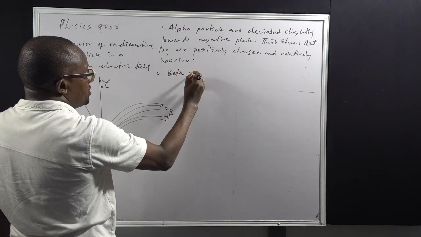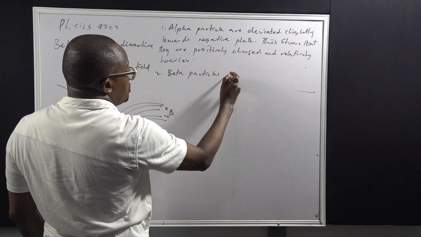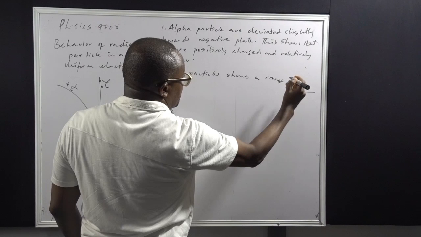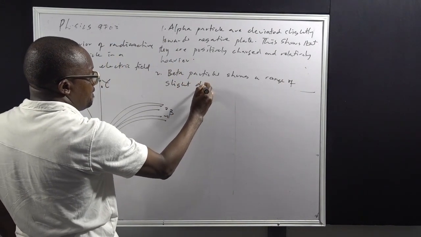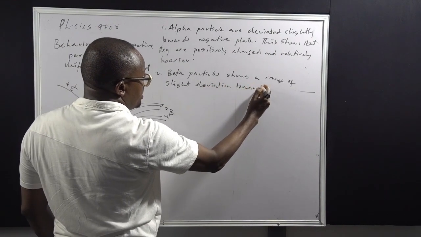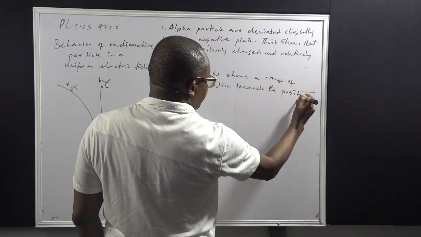Beta particles show a range of slight deviation towards the positive plate.